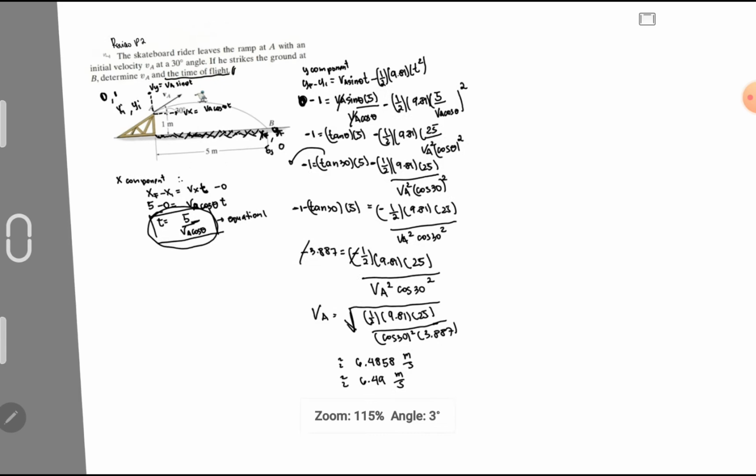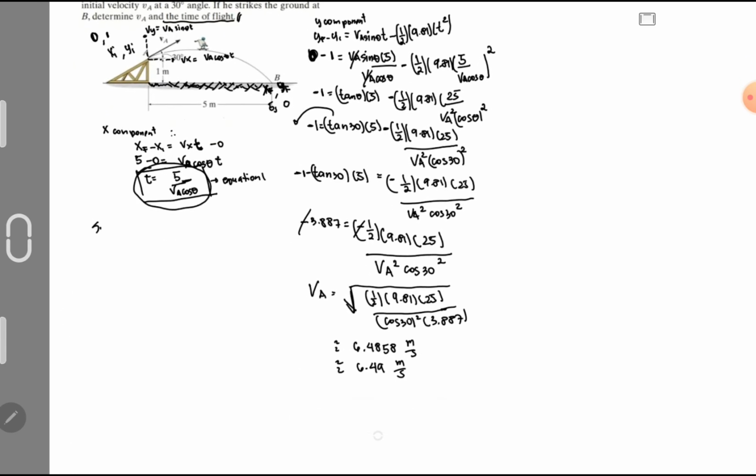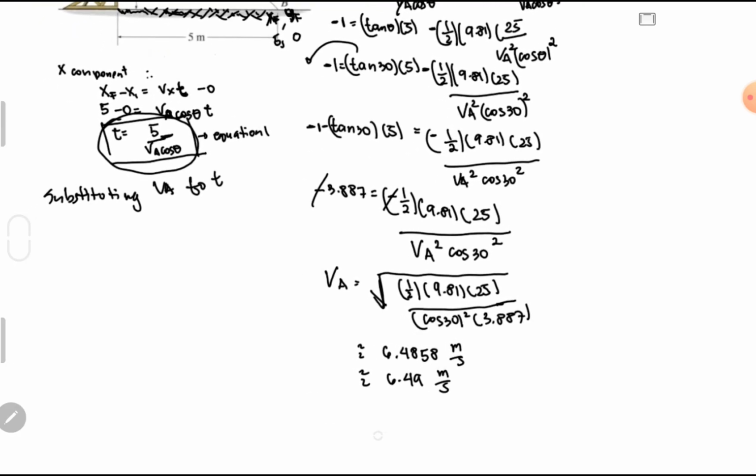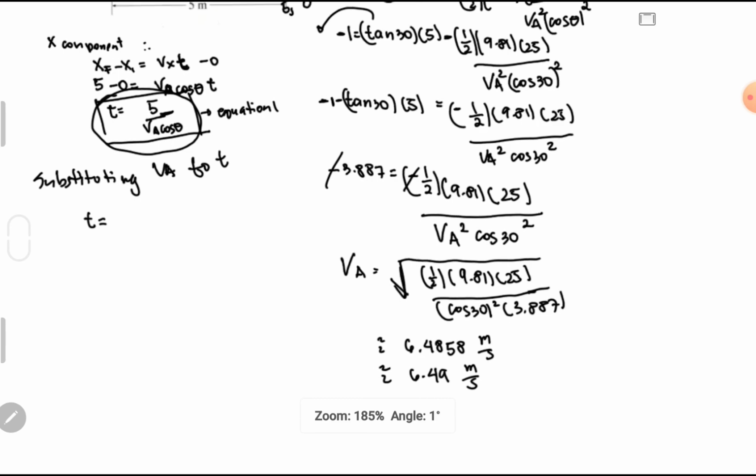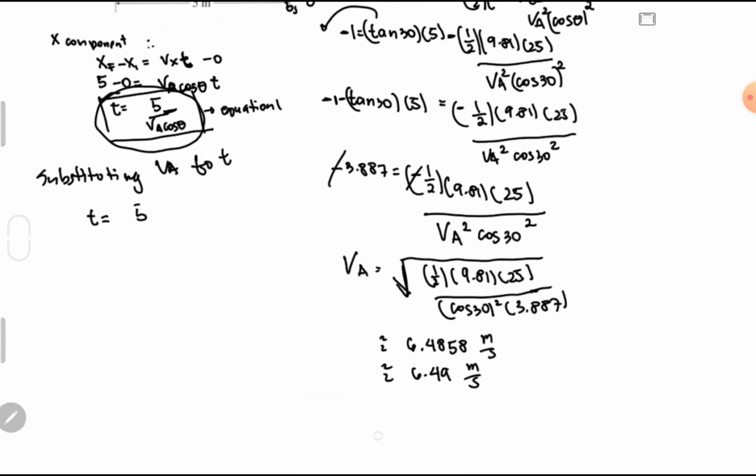So substituting VA to t, we have t equal to 5 divided by va cosine 30, which is equal to 5 divided by our va, which is 6.49 cosine 30.